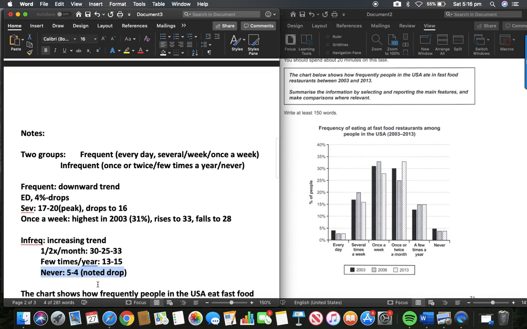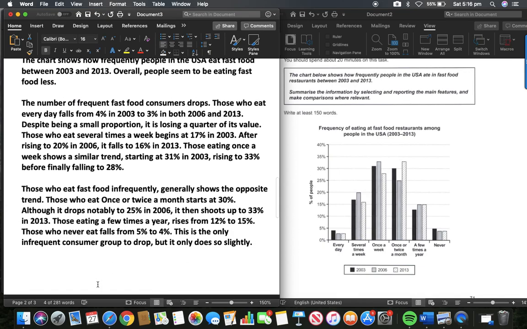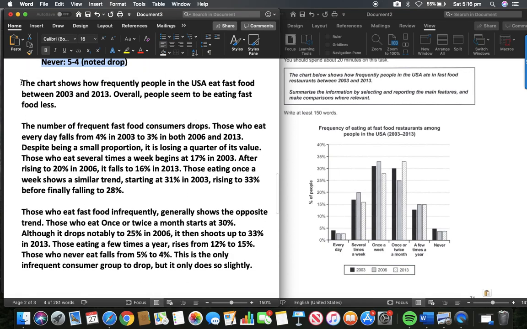Now let's take a look at the answer. So here you can see I've pretty much just copied that first sentence. My advice is don't worry about paraphrasing. I know a lot of teachers love to tell you to paraphrase, but if you spend like 3 minutes paraphrasing, you are wasting time, and this does not really make a difference to your score.